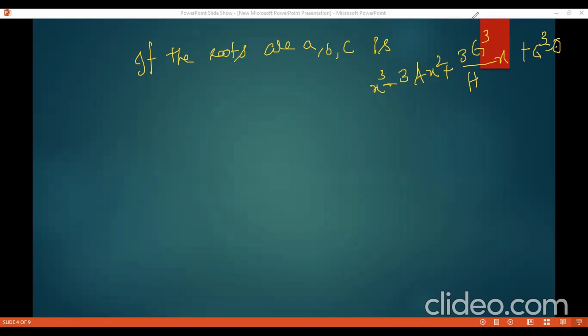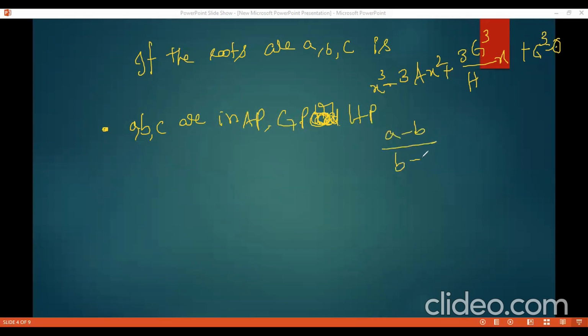If A, B, C are in AP, GP or HP, then according to that, A minus B by B minus C is equal to A by A, right?